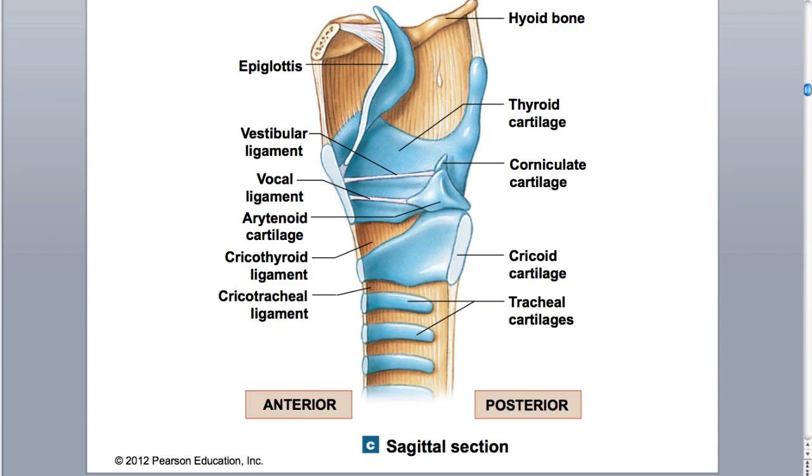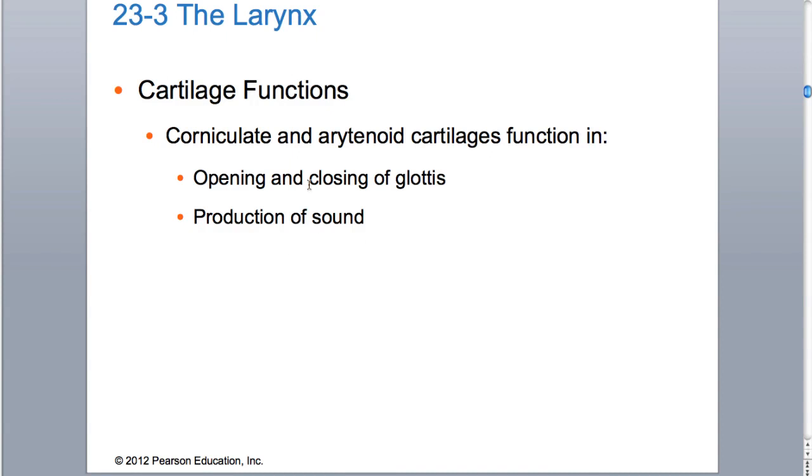Okay, next slide. Here we have our cartilage function continued. Notice that these two cartilages here play a role in opening and closing the glottis, and that helps with sound production. Now, sound, as you learned in Biology 24:1 at the very end, has two properties.